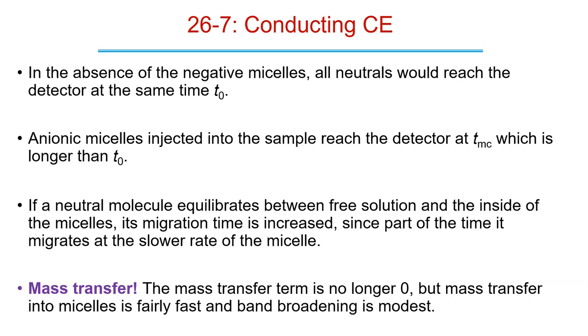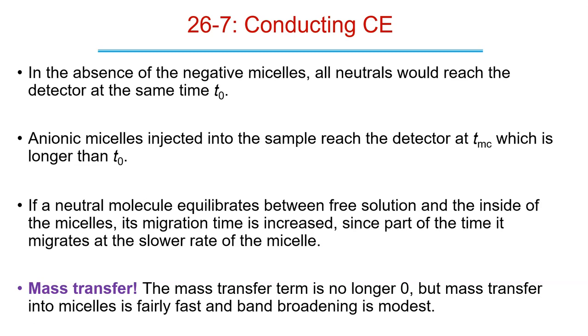But if you add micelles in, aha, you do have the mass transfer term. Now, what you don't have are the multiple paths because it's not a solid packed column. But mass transfer is back, and that means we're going to have a little bit of Van Deemter drama.